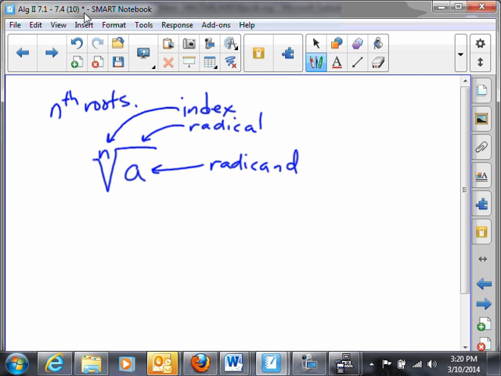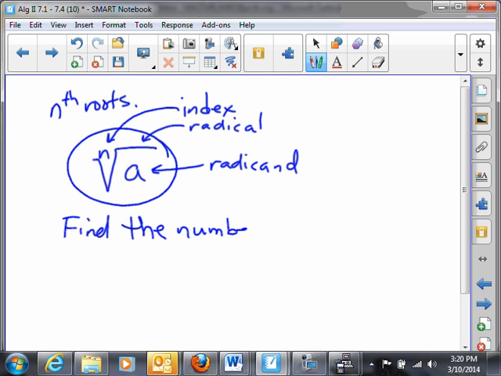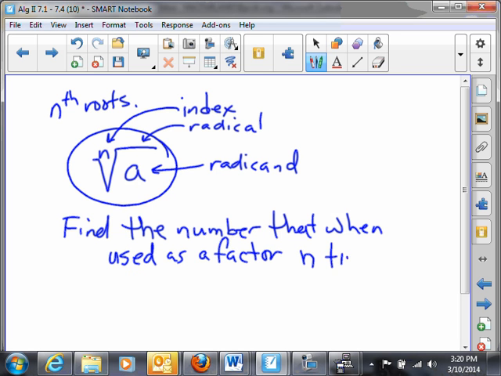Now, what this means is, this symbol right here means to find the number that when used as a factor n times yields a.